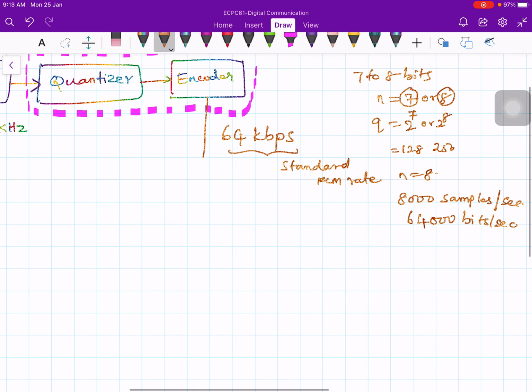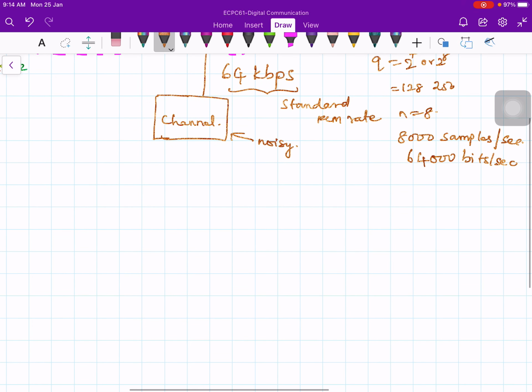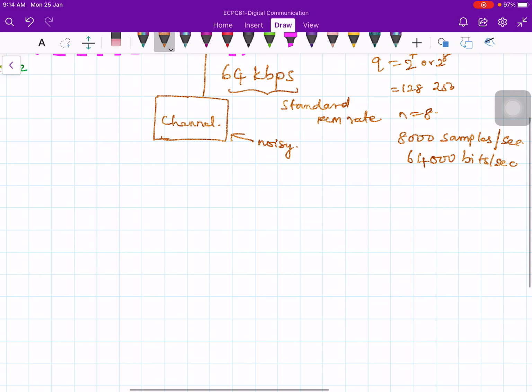Now this 64 kbps is transmitted onto a channel which is usually noisy. It introduces some kind of noise, and to take care of this noise at the receiver, you have to employ something called a matched filter.